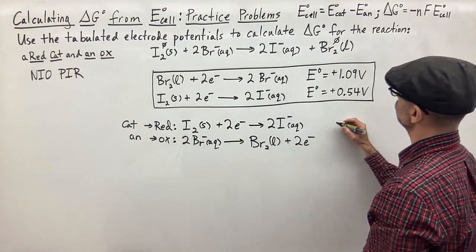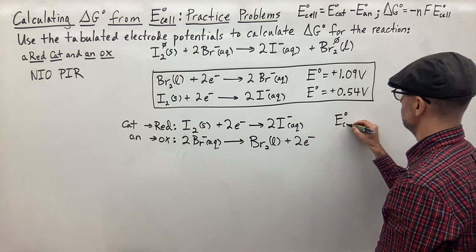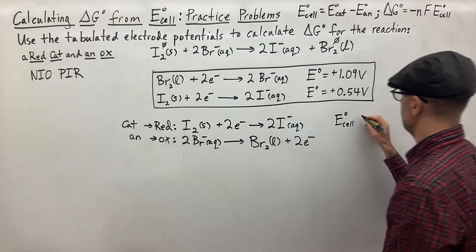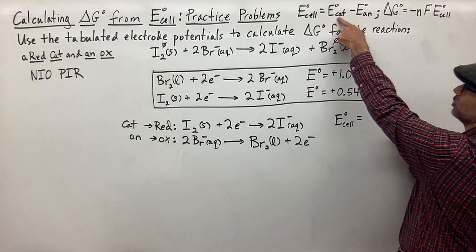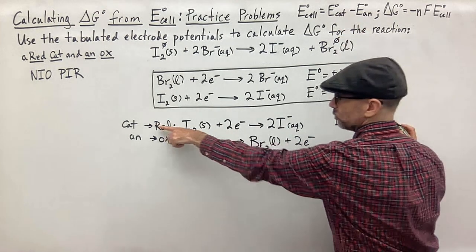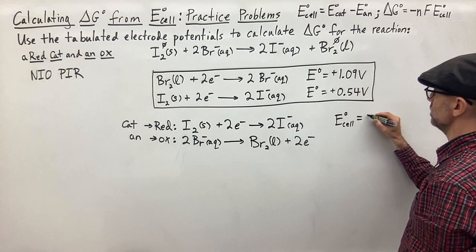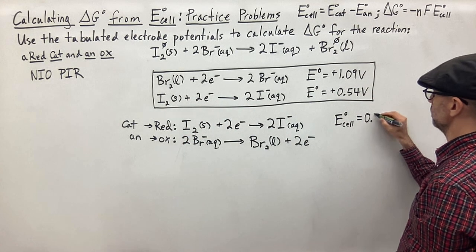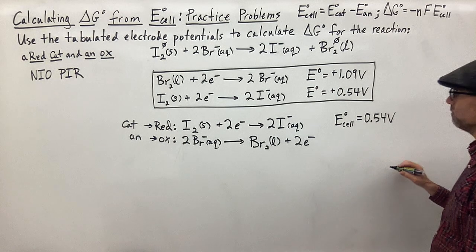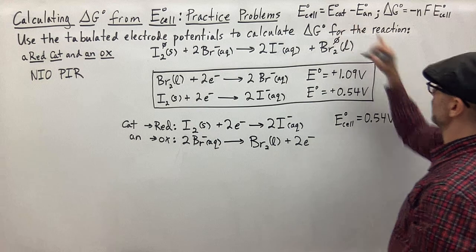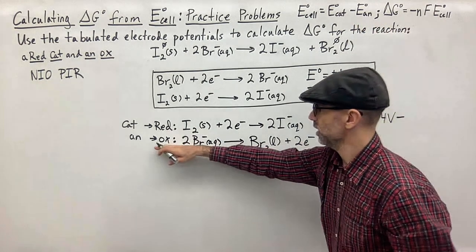So I'm going to have my E standard cell, the standard electrode potential of the cell, equal to the electrode potential at the cathode, which is iodine. And I come here and I write, oh, that's going to be 0.54 volts.